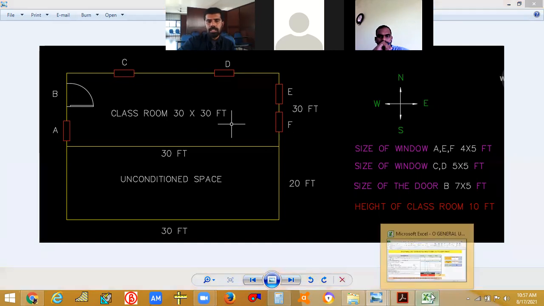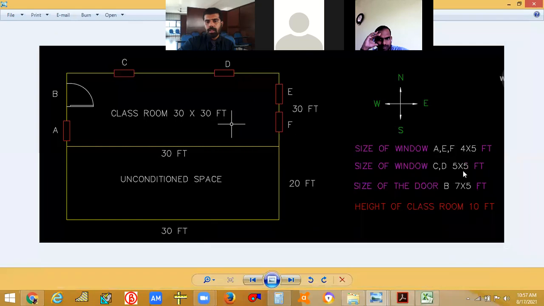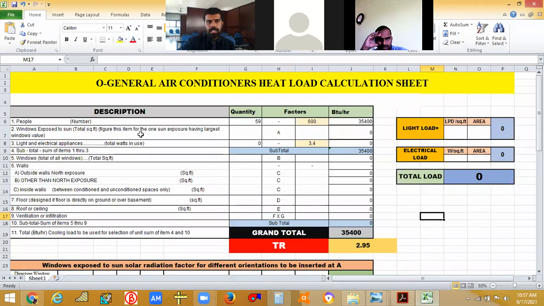So we have to give this window size. Why? Because they have asked to figure this item for the one exposure having the largest window value. The largest window value is 25 feet; the other is only 20 feet. C and D have 25 feet, and they have asked to take only one window. Figure this item for the one sun exposure having the largest window value.